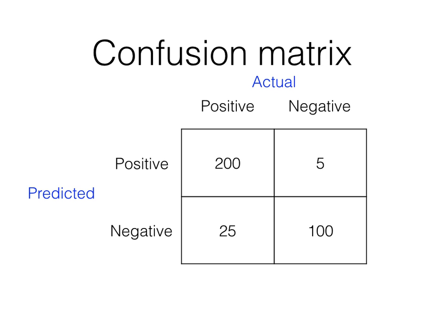And there were 200 that were actually positive that were predicted as positive, and 100 that were negative that were predicted as negative. And then there were 5 that were actually negative but were predicted as positive, and 25 that were actually positive that were predicted as negative. So you can see what the confusion matrix would look like in an example test set.